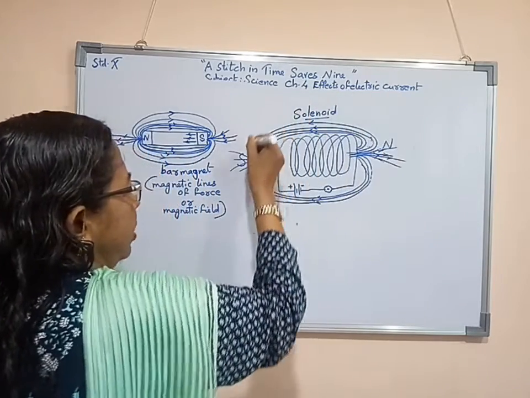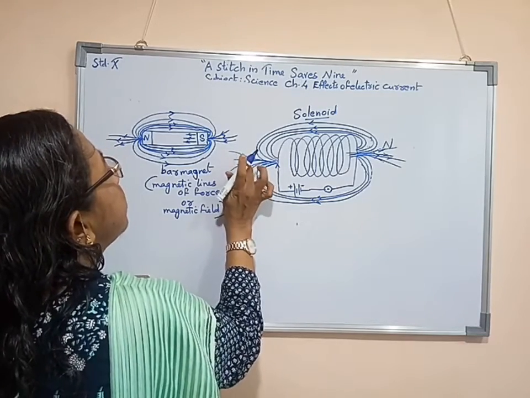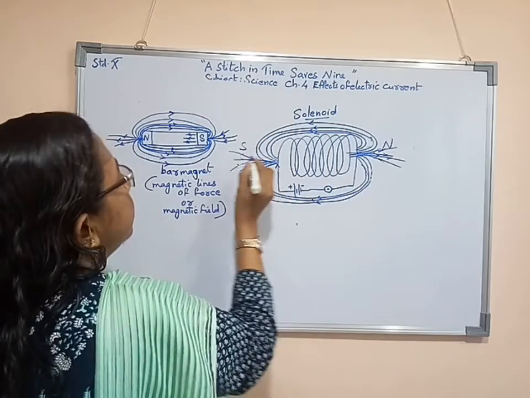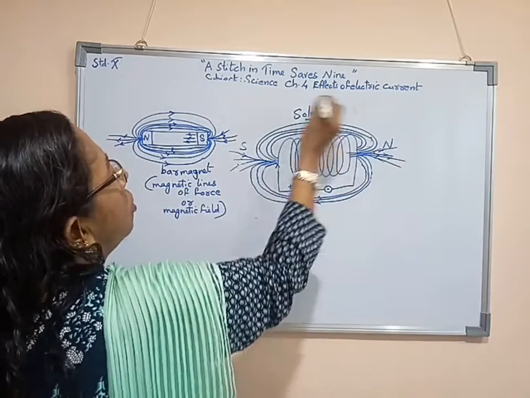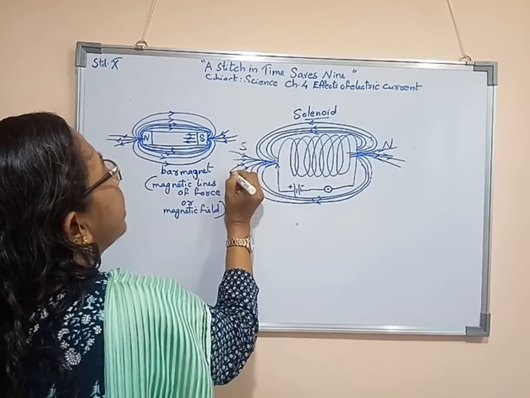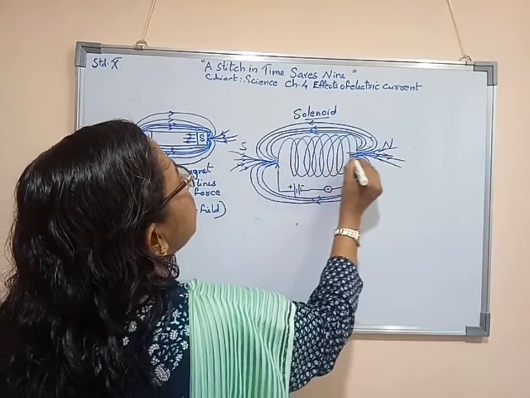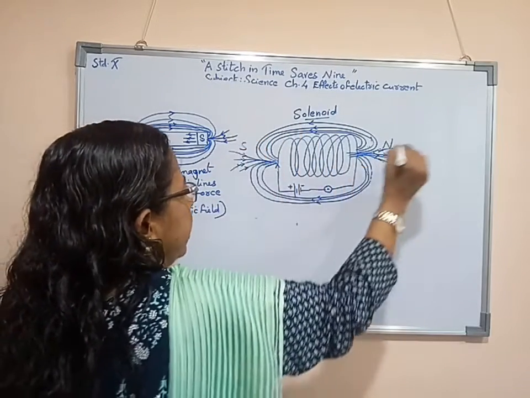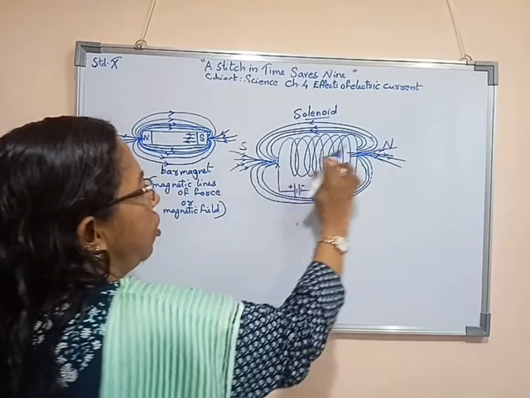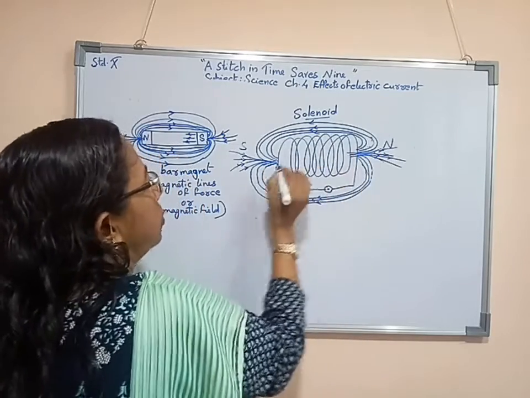Once it comes towards the south pole, as I am writing a little upside, you can find such a way will be there. Then north pole to the south pole magnetic field lines formation will be there. Again it passes through inside, then it comes like that. So inside the solenoid the field formation will be from south pole to the north pole.